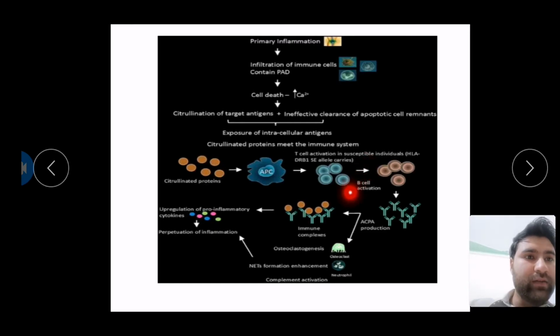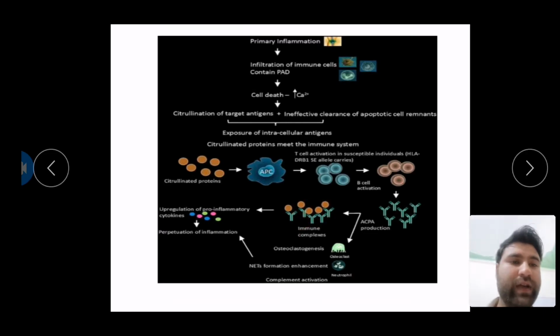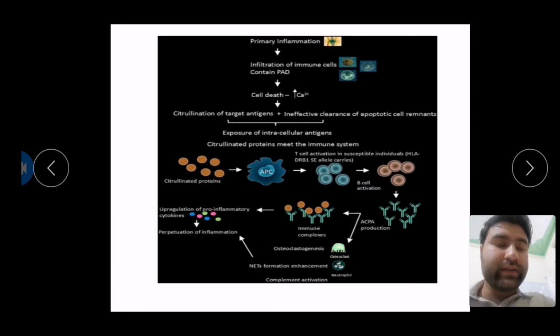But the main role is played by this B cell activation because these produce ACPA antibodies, anti-citrullinated protein antibodies. Then immune complexes are formed, and when immune complexes are formed and are deposited in the joints, then inflammation occurs. So this is the pathophysiology of rheumatoid arthritis. The role is played by citrullinated proteins.